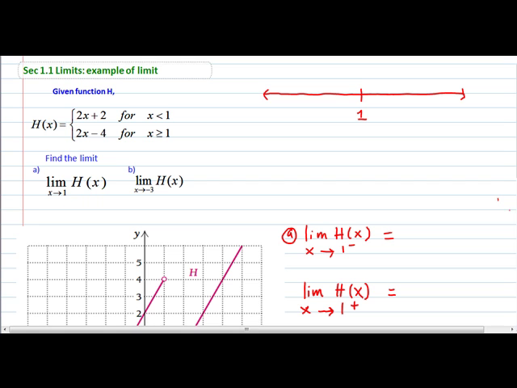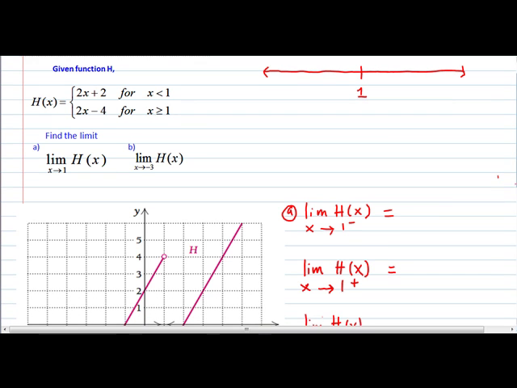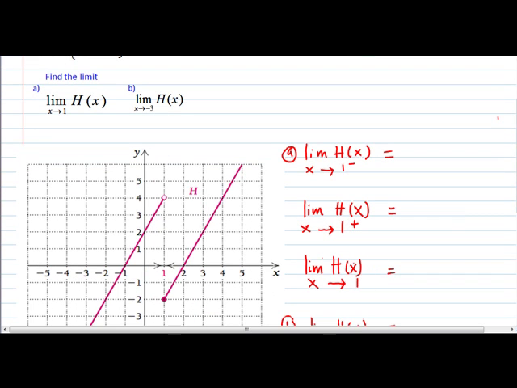To do that, we have to find the limit of the function when x approaching 1 from the left-hand side, and then we have to find the limit from the right-hand side, and then we compare overall. So here's our target right here, is 1. This minus here means I'm looking for the limit of the function from the left.